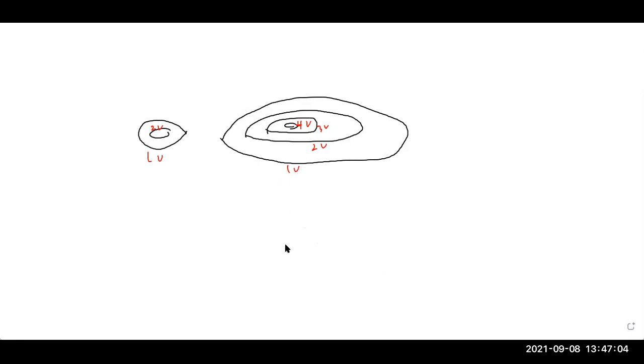So I would like to consider certain points on this map.